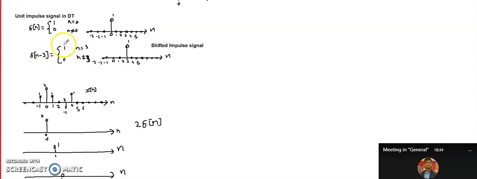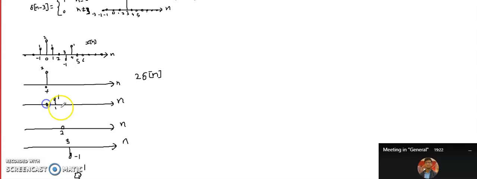Delta n has value 1 when n is equal to 0 and 0 when n is not equal to 0, so we can write 2 times delta n. Second is the shifted version of delta, and its value is 1 at n equal to 1. So we can write it to be delta n minus 1.